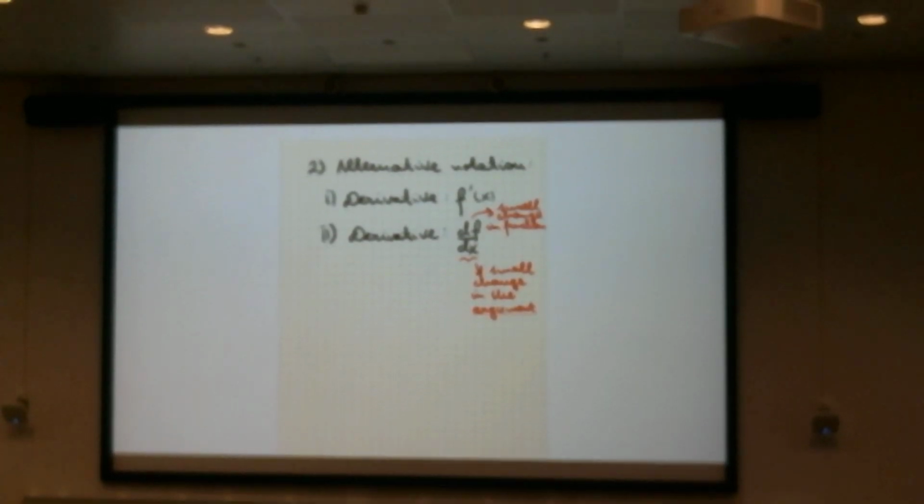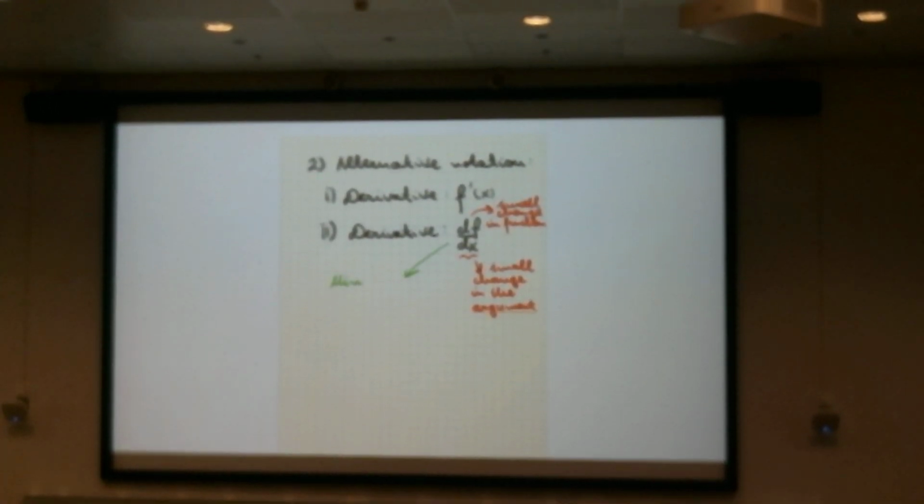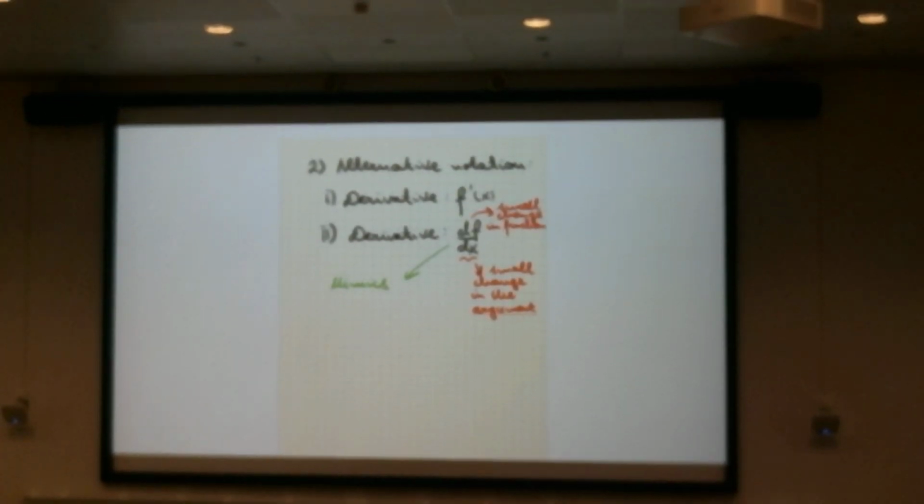So this notation literally mimics the definition of a derivative. Because we take x, we move a little bit from x to x plus h, and then we take the difference in the numerator. So this mimics the definition. It literally tells you what the derivative is. This notation.